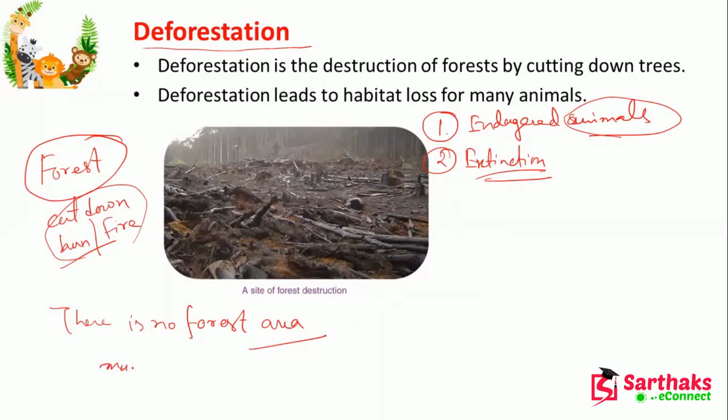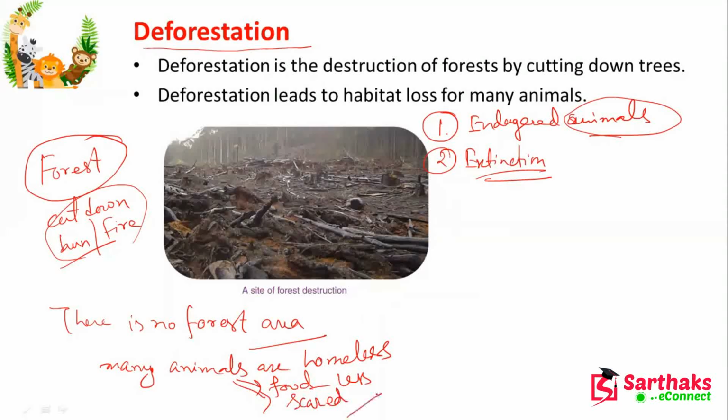So many animals are homeless, right? Because the forest is the home. Foodless, no food, they are not getting any food.